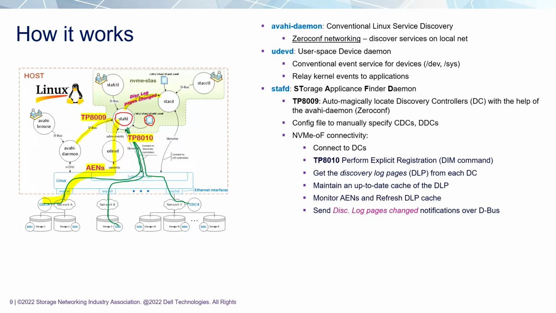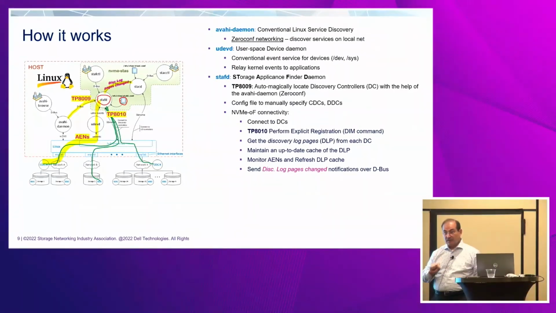That has two answers to that question. First, easy answer. If you have a configuration file that tells you, please connect to this IP address, and you configure over there just the IP address of the two CDCs, it will connect just there. The manual configuration approach. Second, the auto configuration approach.